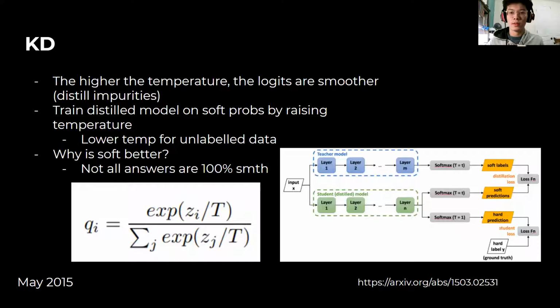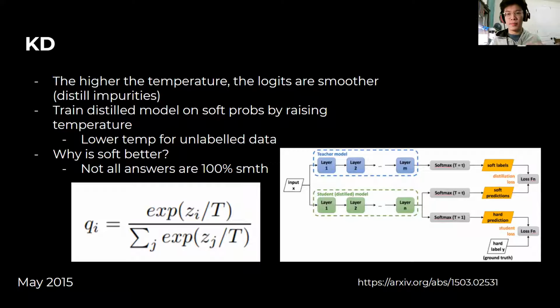So this is kind of how knowledge distillation works. This is a softmax function. You might have heard softmax a lot when working with machine learning stuff. It's usually an activation function.